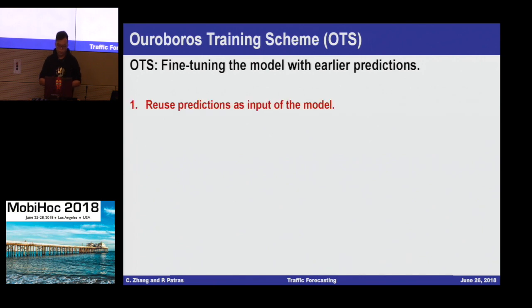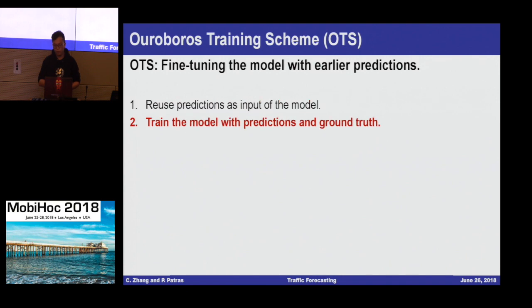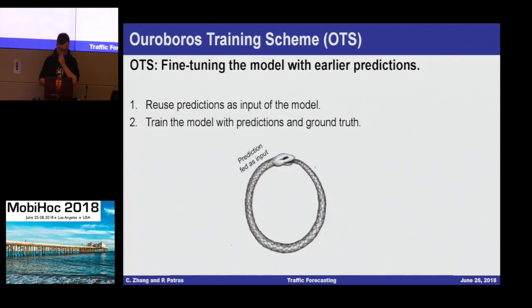So here comes our solution. One of the solutions that we call the reverse training. So the idea is really simple, and it has two major steps. The first one is that we use this earlier prediction as the input to the model. Then we perform gradient descent methods to minimize the difference between the prediction and ground truth. So here is the process.